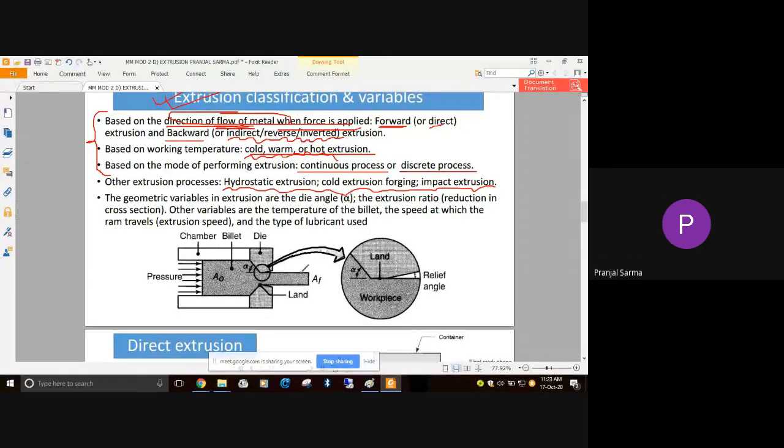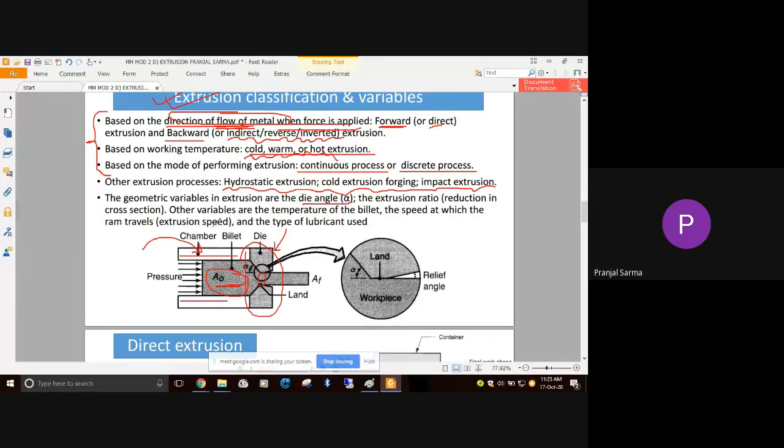of proper dimension. Now some of the main geometric variables in extrusion, which are very important, are the die angle denoted by alpha. In this particular figure, you can see we have shown the chamber or the cylinder. Inside it, we have the work material, that is the billet, and at this end, we have the die, and this is the opening in the die.